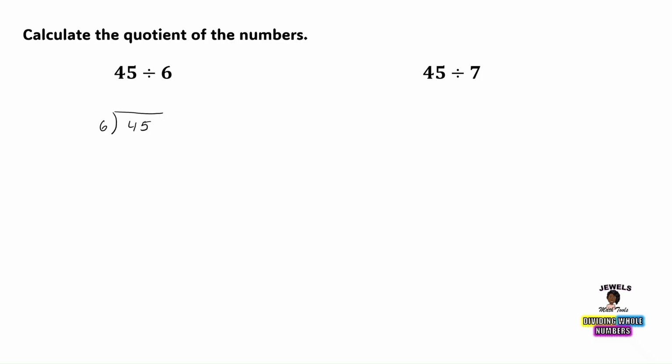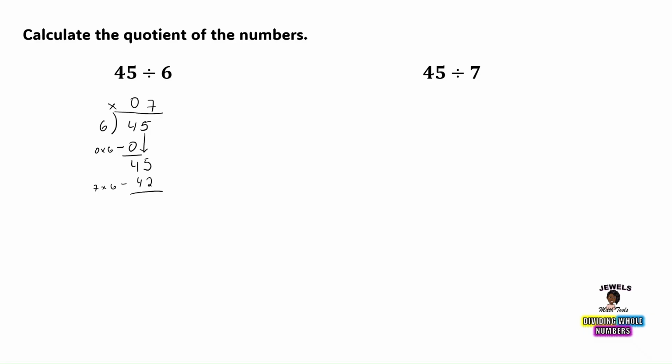So we're dividing 6 into 4, which will equal 0. When 0 is multiplied by 6, I will get the product of 0. 4 minus 0 will equal 4. I'm going to bring down my 5, changing 4 into 45. 6 divides into 45 7 times. 7 times 6 gives us the product of 42.